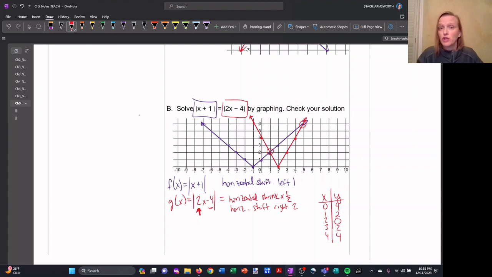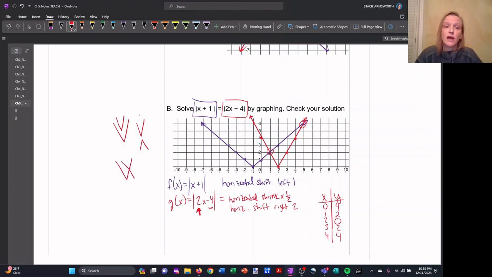But you can imagine other shapes with absolute value graphs, like perhaps nested V's, which might never intersect like that, or perhaps a V-shape that's flipped across the x-axis, and they don't intersect for that reason. And you can imagine other scenarios where the absolute value just intersects another graph just once.